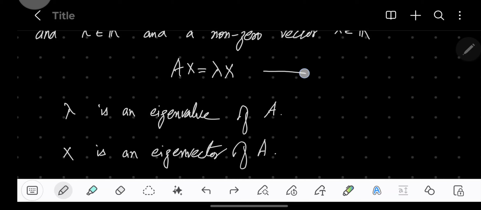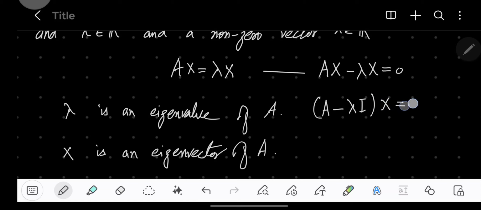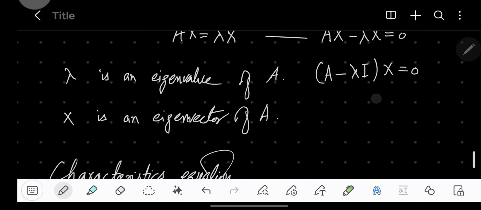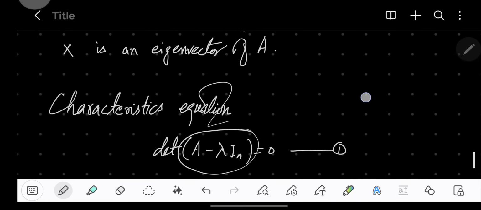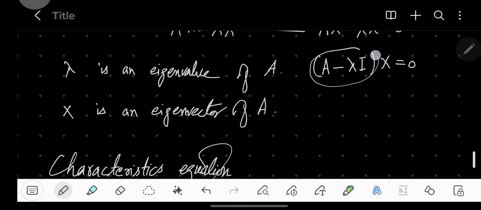If you rewrite this equation in this way, Ax minus lambda x is 0. Then if you take x common from both of the terms, A minus lambda times the identity matrix times x is 0. So you will get this equation. You can check that this is A minus lambda I.